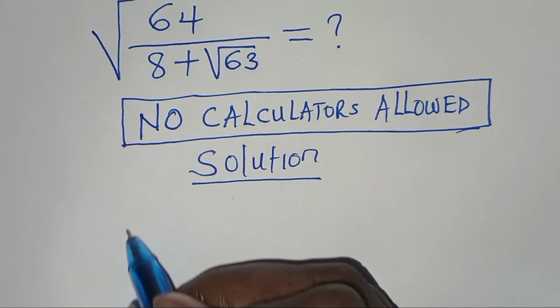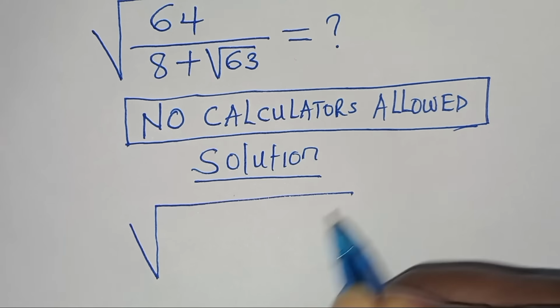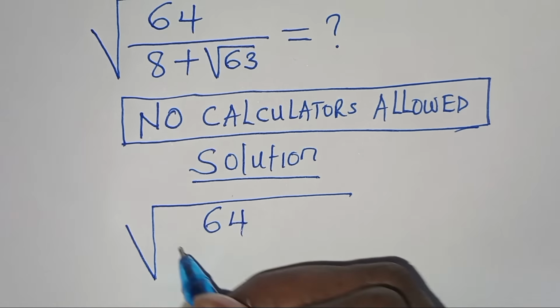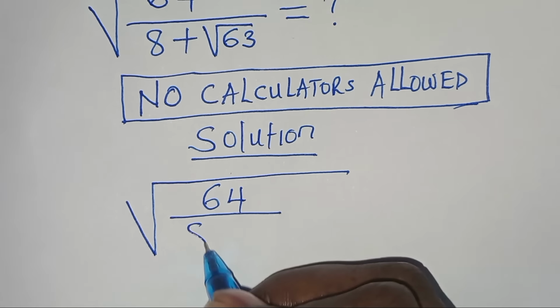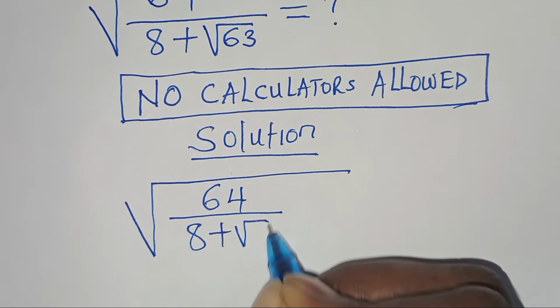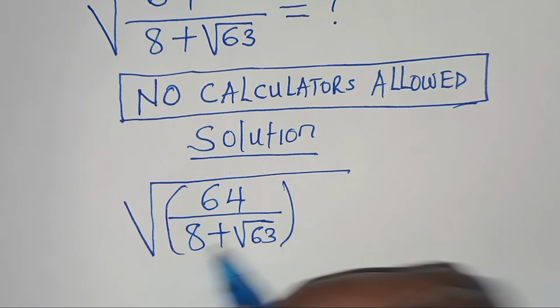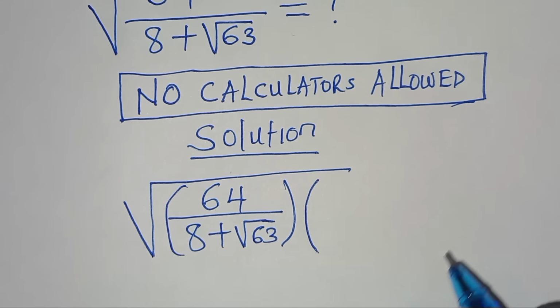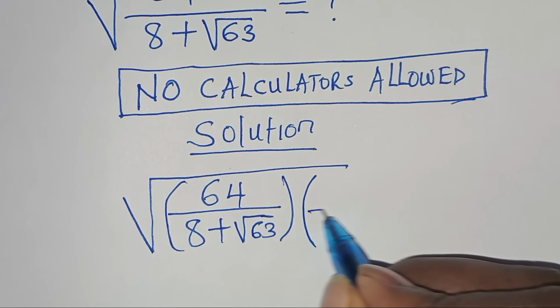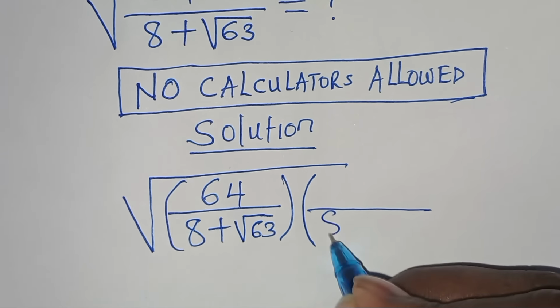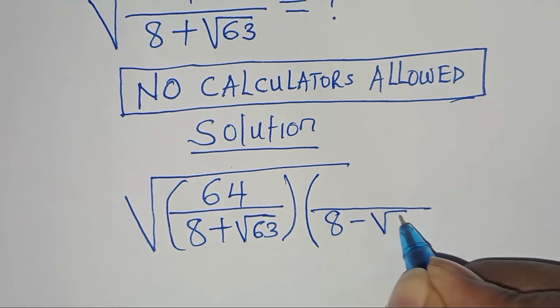Now we have the square root of 64 divided by 8 plus square root of 63. The first thing to do here is introduce a conjugate, which is 8 minus square root of 63.